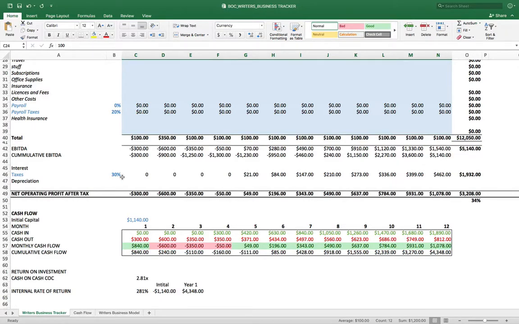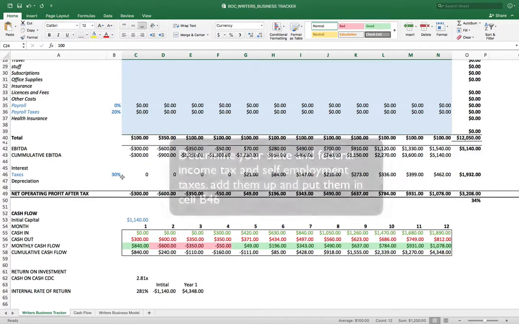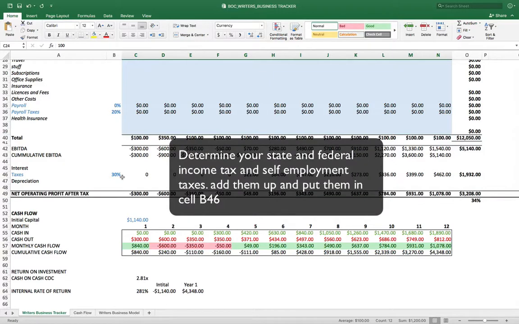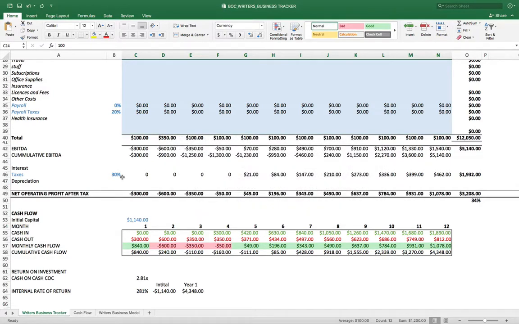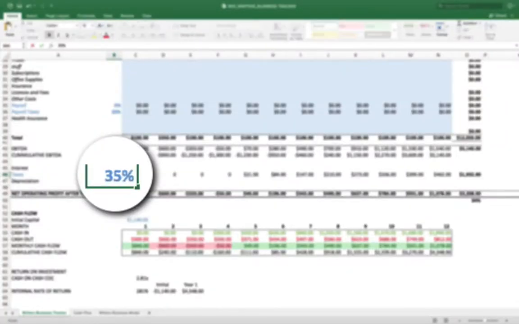So there is an additional tax that you have to pay, which covers Social Security and Medicaid benefits and unemployment, that is due certainly on the federal level, and it may also be in a particular state. There may be another charge. So you'll total those up and put that in this box. So let's say it's 30%.